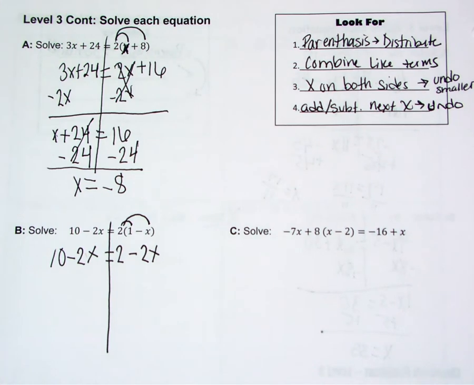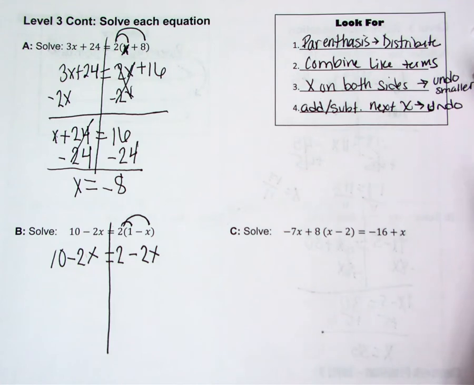Okay, so it started the same way. I just did that distributive property, I multiplied. But now when I ask you the question, which x is smaller, negative 2 or negative 2? They're the same. So when I do the opposite, it says undo the smaller. That's what we're doing. We're undoing the smaller one.